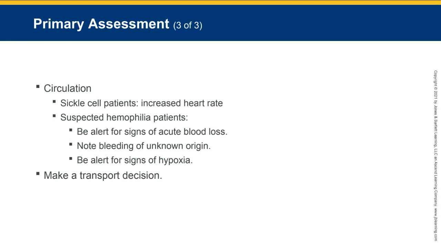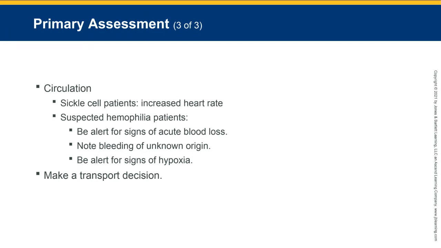Sickle cell patients will have increased heart rate. For your suspected hemophilia patients, definitely be alert for the signs of acute blood loss. Note bleeding of unknown origin, and be alert for signs of hypoxia.